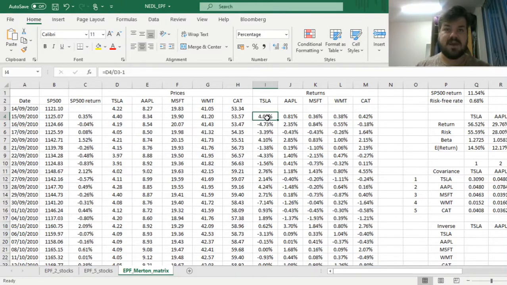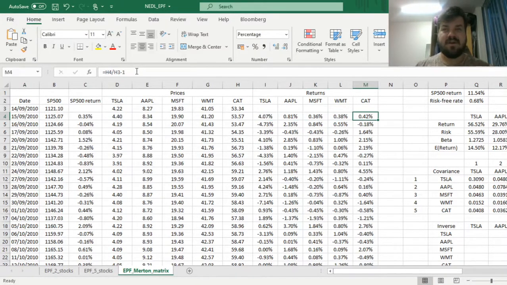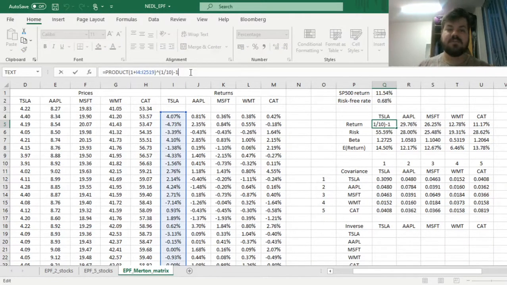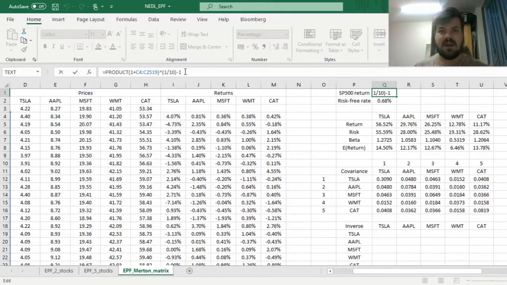And in a similar fashion, daily returns for all 5 of our portfolio stocks, our investable universe stocks, the stocks that we might consider investing and allocating a proportion of our capital towards in an efficient portfolio. Then we calculate historical returns of every single stock using product of 1 plus returns and raising to the power 1/10 because we have a 10-year period. We also calculate the historical return and use it as the expected return for the market.